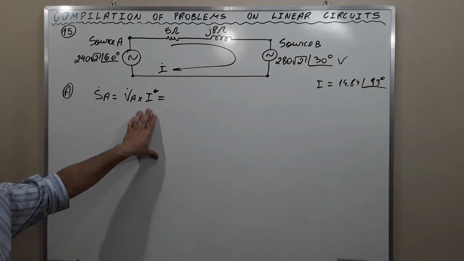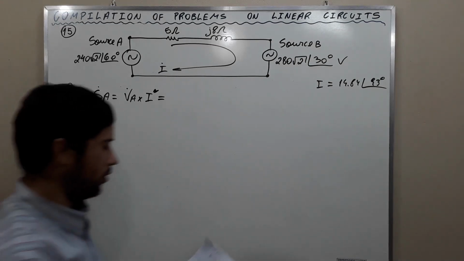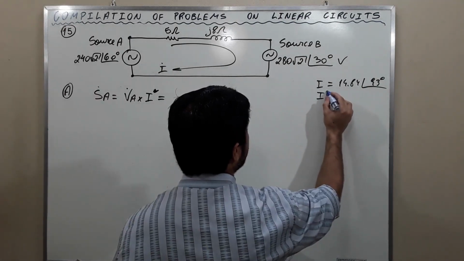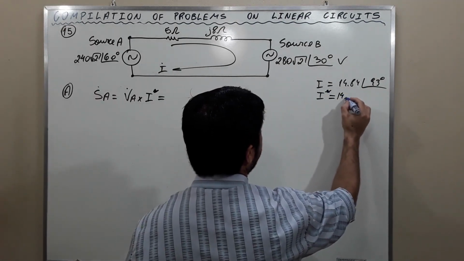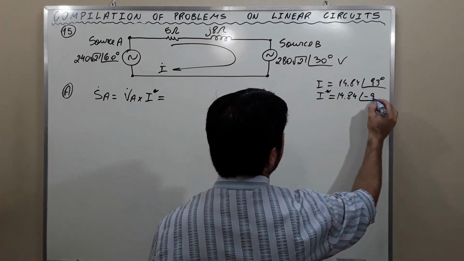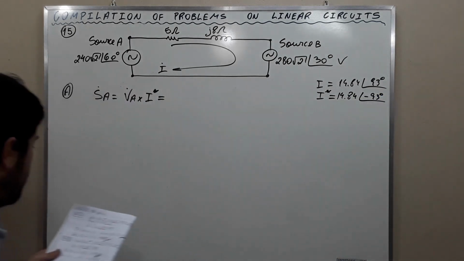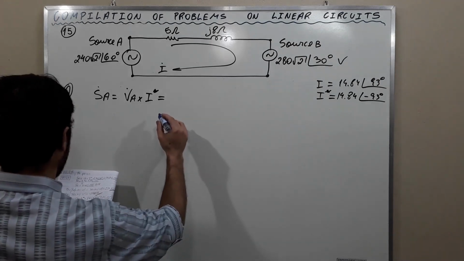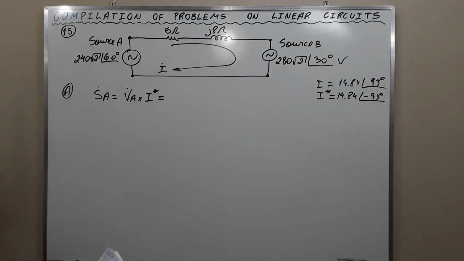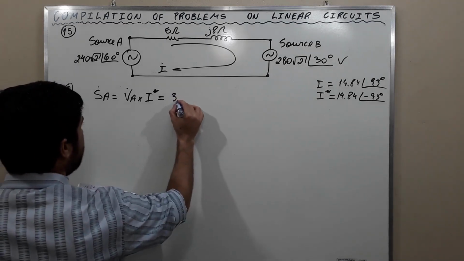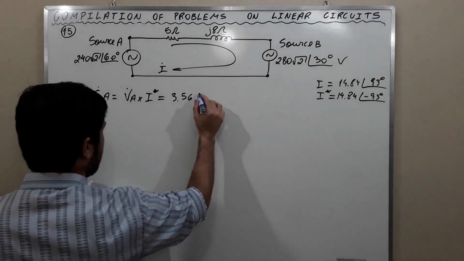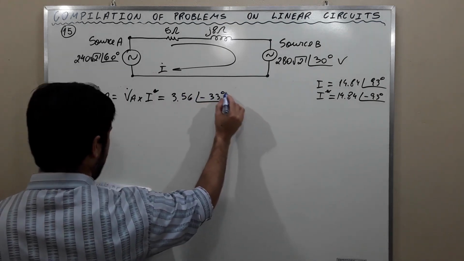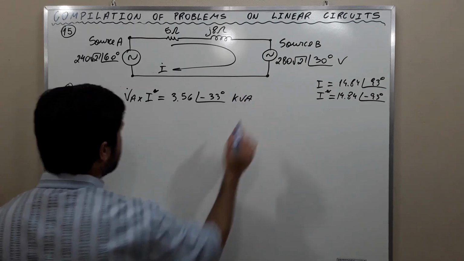Instead of using the angle of 93 degrees, we use the angle negative 93 degrees, okay? So, this is the complex conjugate of the phasor, 14.84 phase negative 93 degrees. Using these values, we find that the complex power of source A is 3.56 phase negative 33 degrees kVA.